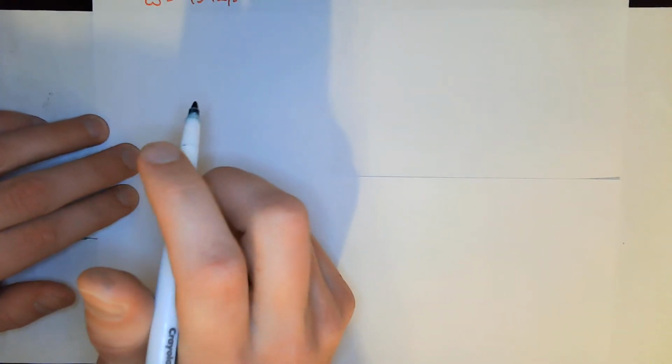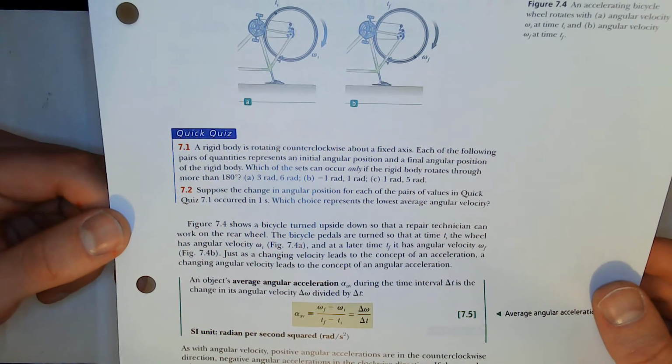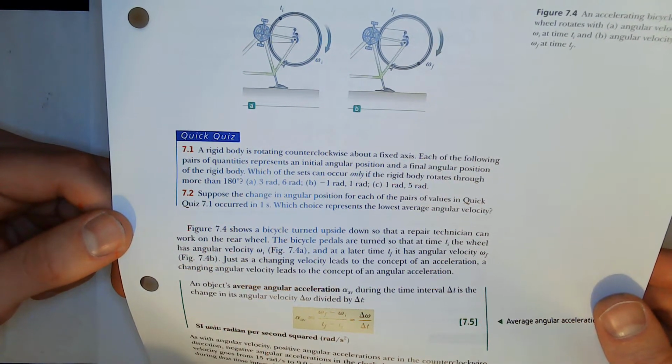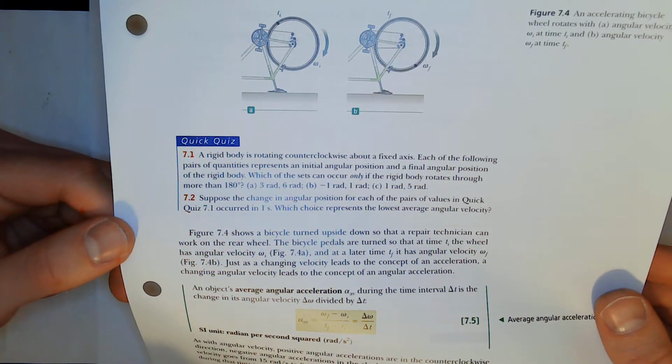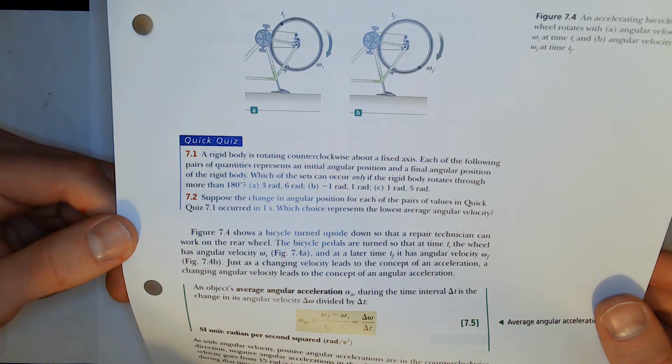Okay, so here's a question that the text poses. It says a rigid body is rotating counterclockwise about a fixed axis. Each of the following pairs of quantities represents an initial angular position and a final angular position.